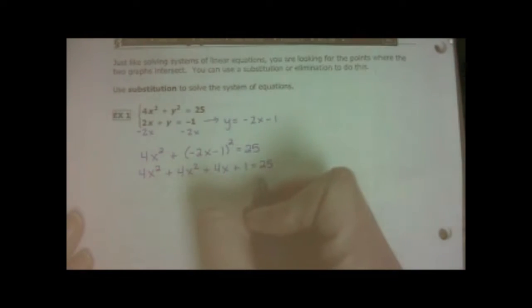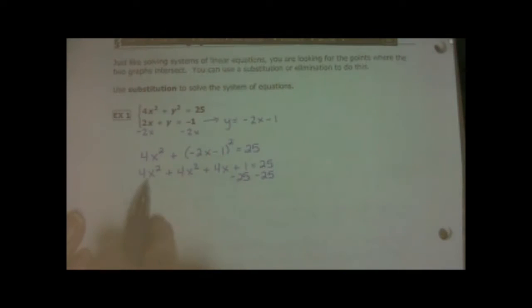So plus 4x, and then -1 times -1 is plus 1 equals 25. All right, well, I'm going to have an x squared term. So if you recall from a while back, the way we're going to solve this is get everything on one side, have 0 on the other. So I'm going to subtract 25 from both sides.